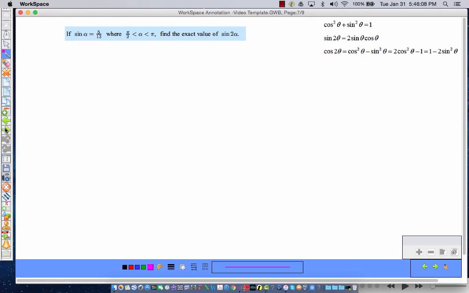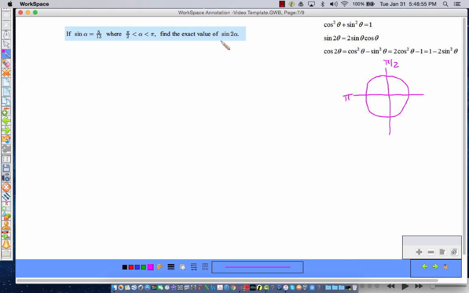Another example. If sine alpha equals 5/13 and alpha is between pi over 2 and pi, find the exact value of sine of 2 alpha. Okay, so let's think about that on our unit circle, just so we have a reference here. Here's pi over 2, and here is pi.